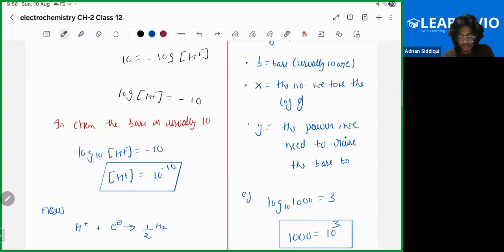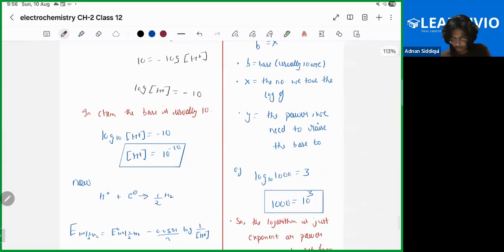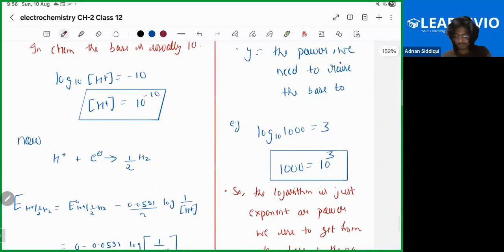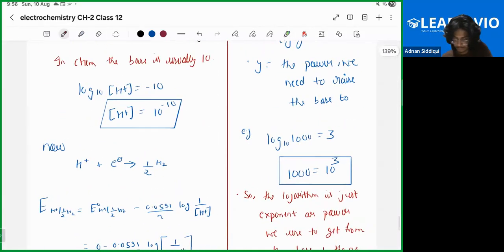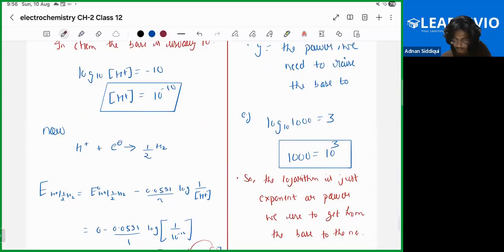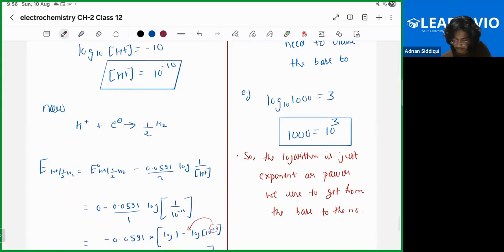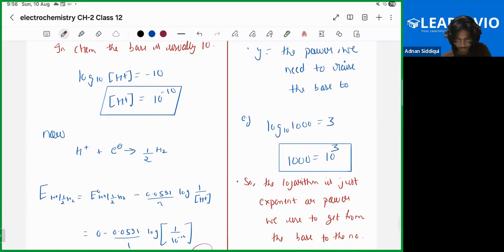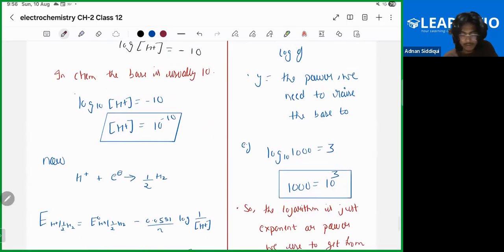It will go on the right hand side and it will look like a power. Let me show you what I'm basically trying to tell. See, this is log 10. If I'm sending my log 10 to the right hand side, how will it change?